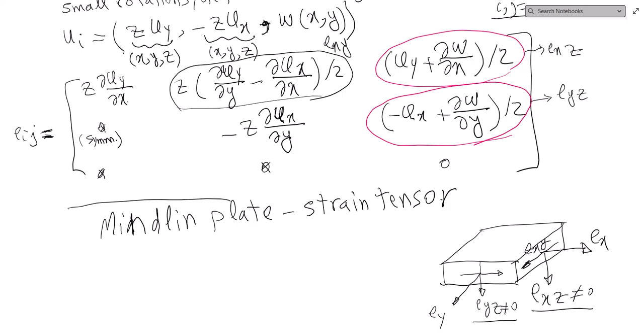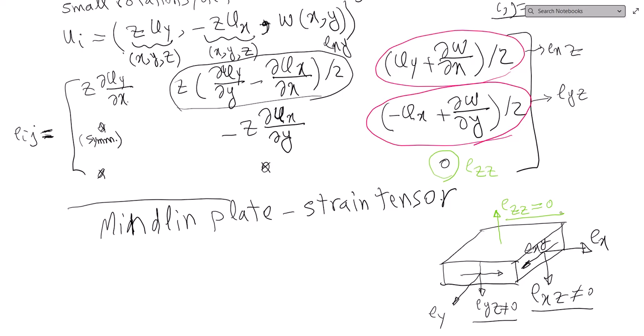But another thing to pay attention to, and we will come back to it after calculating the stresses, is that Ezz is still 0, meaning that there is no strain perpendicular to the plane, to the z axis. So Ezz is 0.